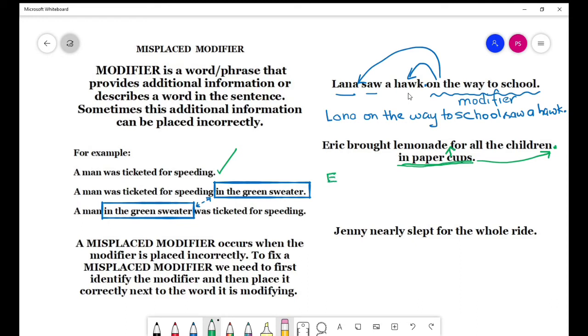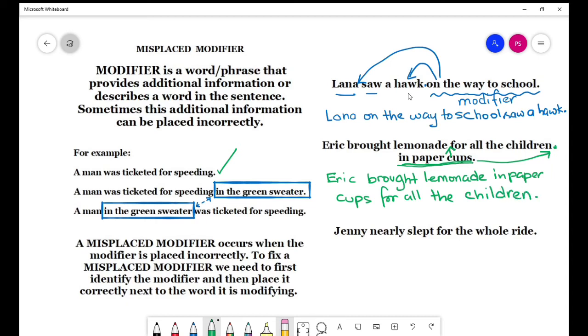So if I were to rewrite it, Eric brought lemonade in paper cups for all the children. Again, if you reread this, it will make logical sense. The modifier is placed correctly next to the word that it is modifying.